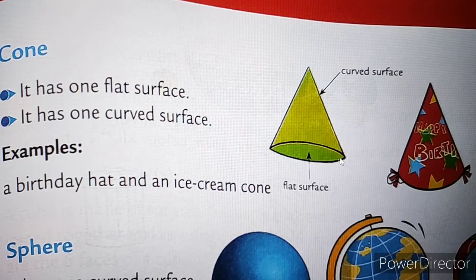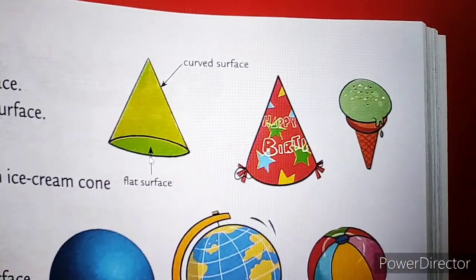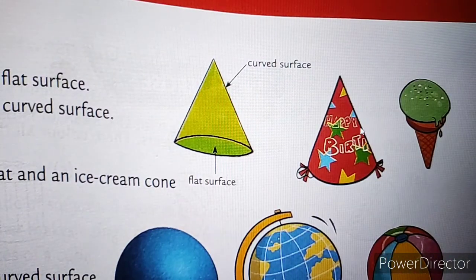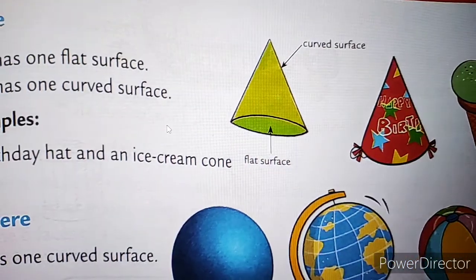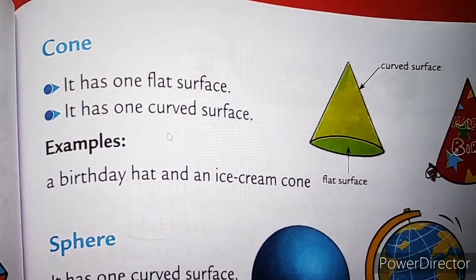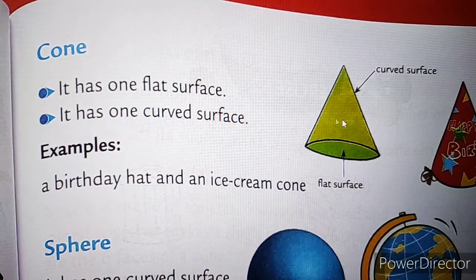It looks different, but it is a circle. Take out a birthday cap or cornetto ice cream. Yes, students, cornetto ice cream, the cone is there. Find out, you will have fun. Okay, so a cone has one curved surface and one flat circular surface. This is a curved surface and this is a flat circular surface.